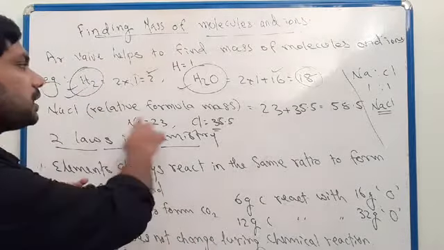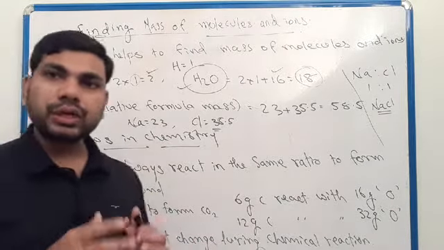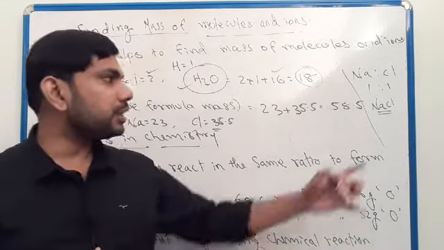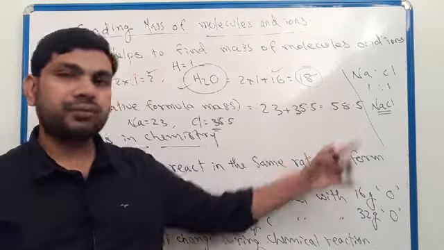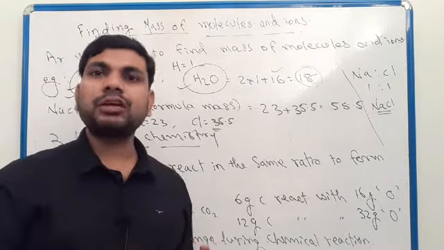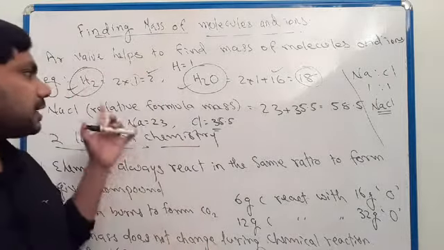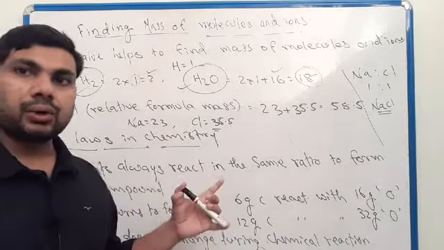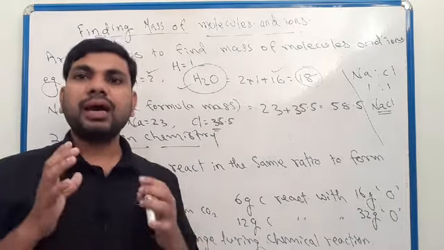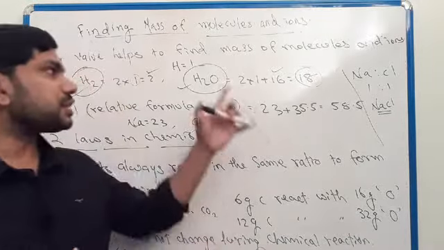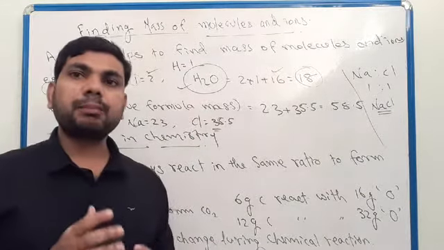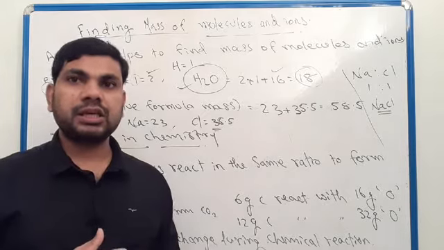So the relative formula mass of sodium chloride is 23 plus 35.5, so it will be 58.5. This 58.5 is not molecular mass, it is relative formula mass. Relative formula gives only the ratio of atoms present, while a molecular formula gives the exact number of atoms present.